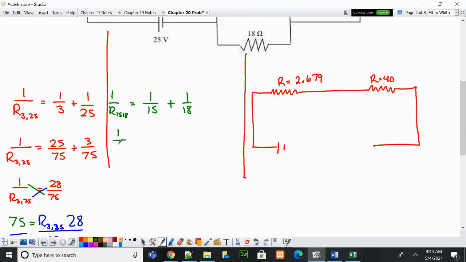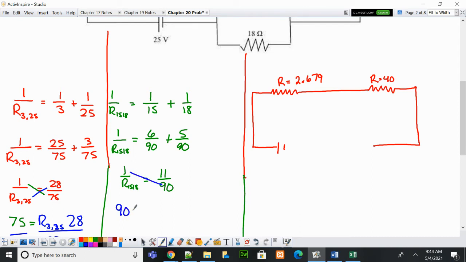So 1 over the equivalent resistance is equal to 6 over 90 plus 5 over 90, which is 11 over 90. Then again, we're going to cross multiply. So I get 90 equals the equivalent resistance times 11. Divide both sides by 11.